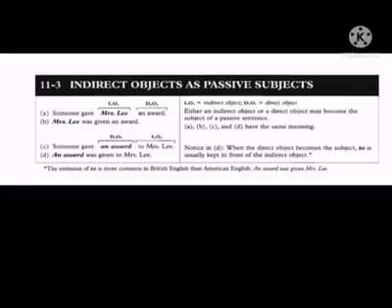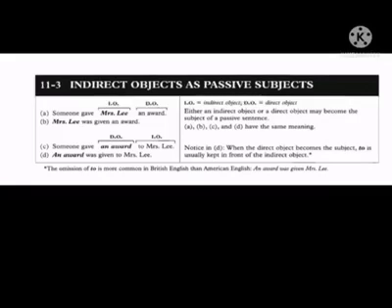A direct object is a noun, noun phrase, or pronoun that receives the action of a verb directly. A direct object answers the question what, who, or whom. Sentences that have a direct object may or may not have an indirect object.